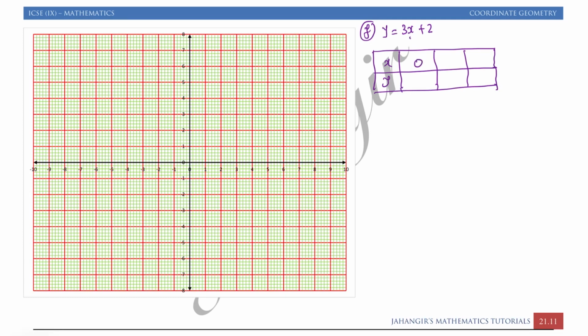If you are putting x as 0, 3 into 0 is 0, 0 plus 2 is 2. If you are putting minus 1 or minus 2, let's say minus 2, it will become minus 6. If x is minus 2, then y is minus 6 plus 2. So that will become minus 4. Now the third value I can take as 1. If my x value is 1, 3 ones are 3, 3 plus 2, 5. See, it's 3 into 1 plus 2, that is 5.